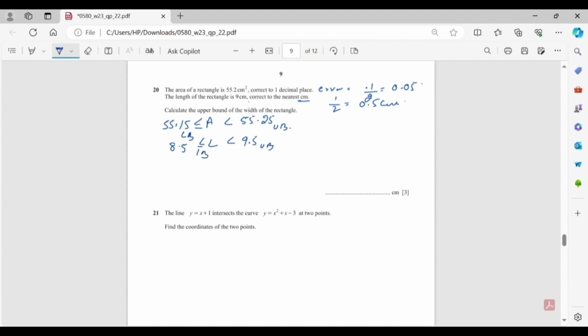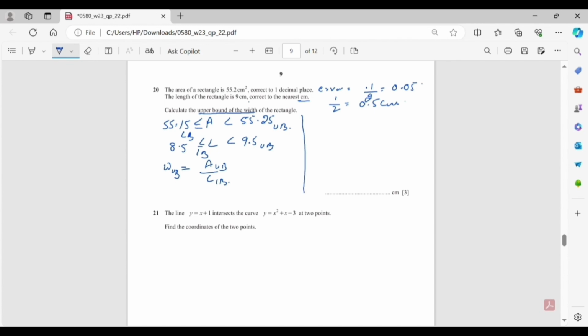We have to find the upper bound of the width. So width will be equal to area over length. So the area's upper bound and the length's lower bound, because we have to find the width's upper bound.